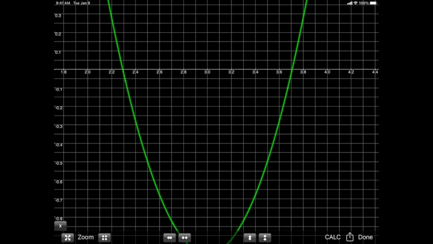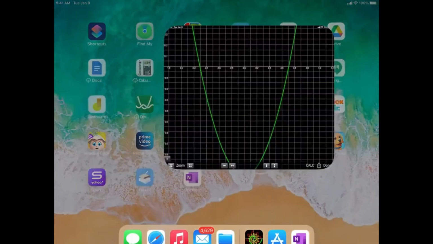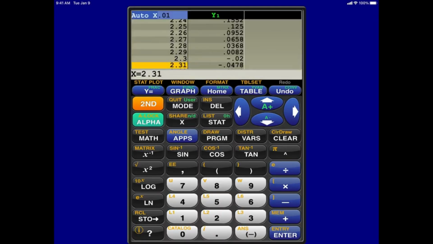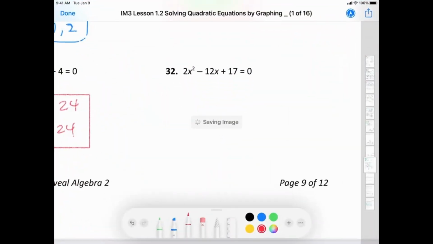2.3. Let's try around 2.3. So second table set, 2.3, table, and we were pretty spot on, right? Between the negatives and positives there, 0.0082 and negative 0.02, I have around 2.29.